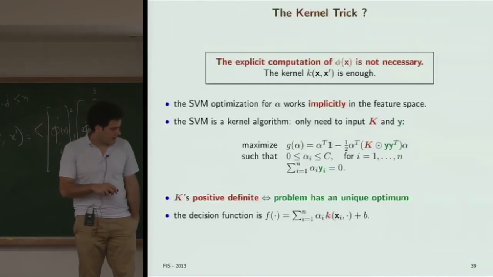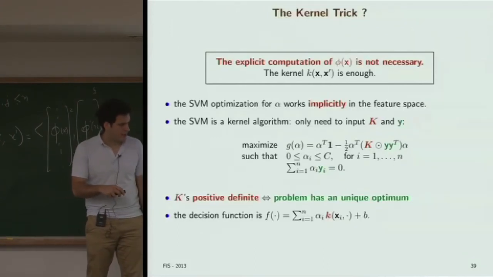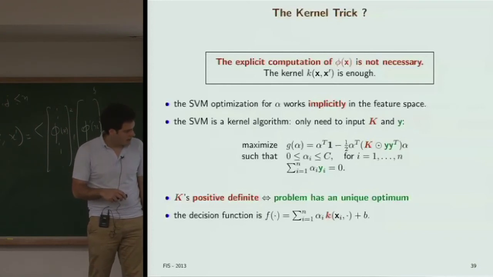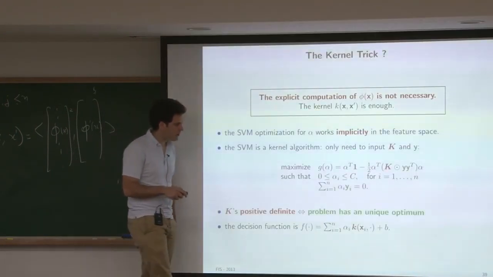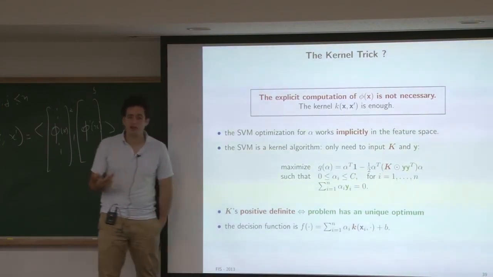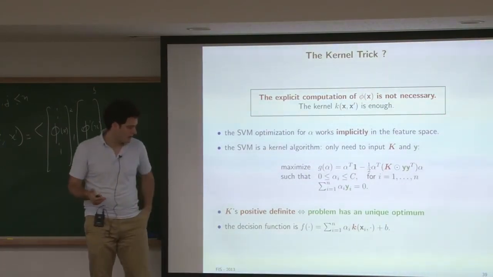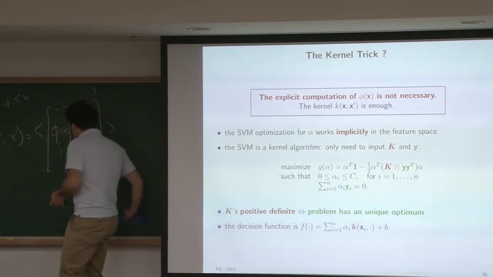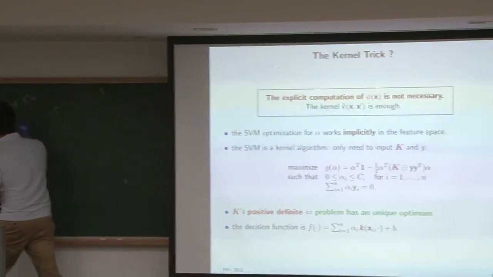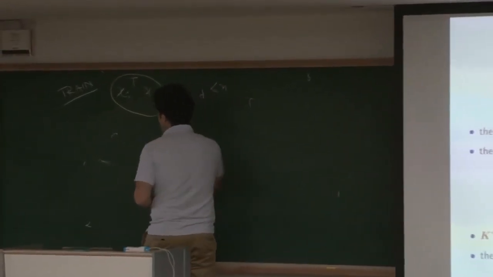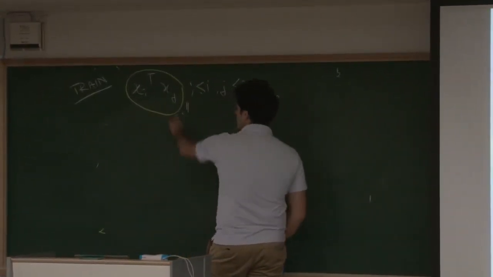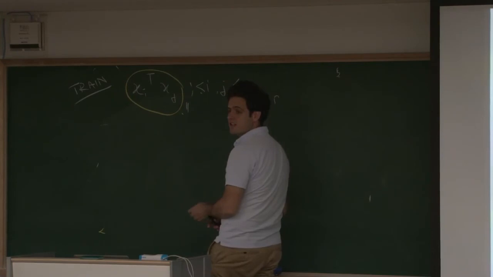And if you look at the optimization that I get here, it only depends on the so-called kernel Gram matrix. Basically, in the training phase, the only thing that matters is the k of xi, xj.